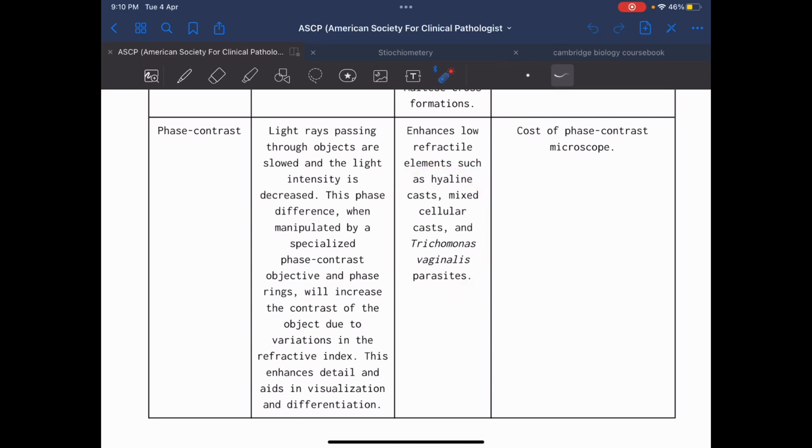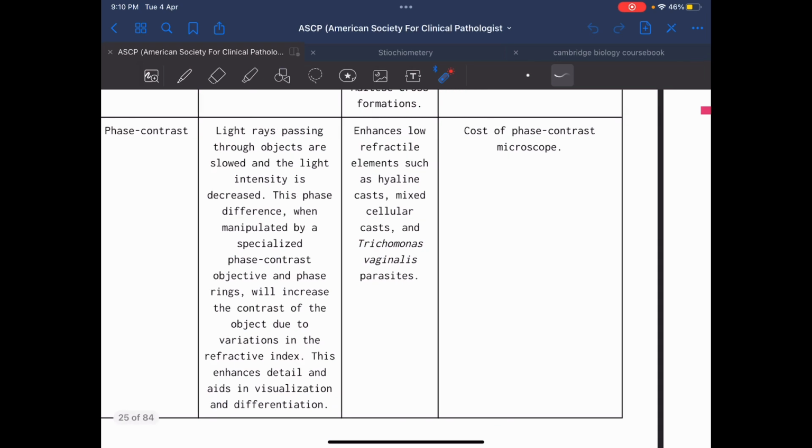You can see with bright field microscope, but you need to adjust the light intensity to see this, otherwise you will miss. So phase contrast will enhance the examination of these elements. The problem of phase contrast, it is costly and you cannot find in all laboratories.